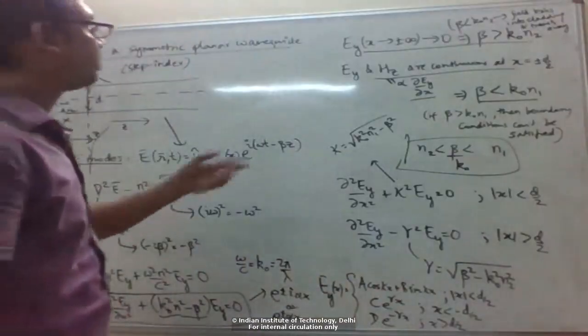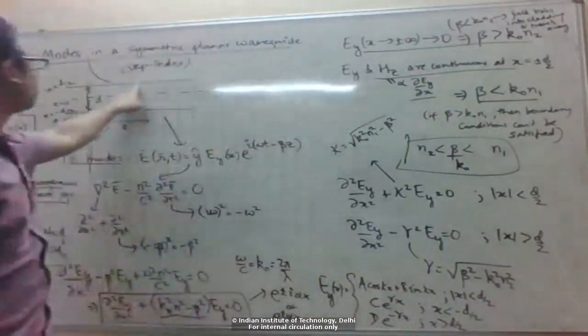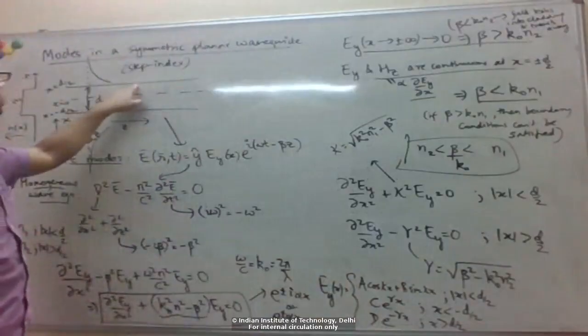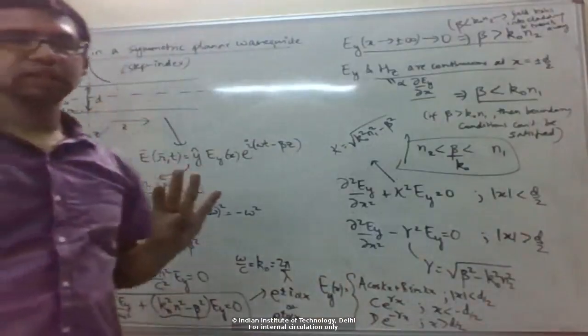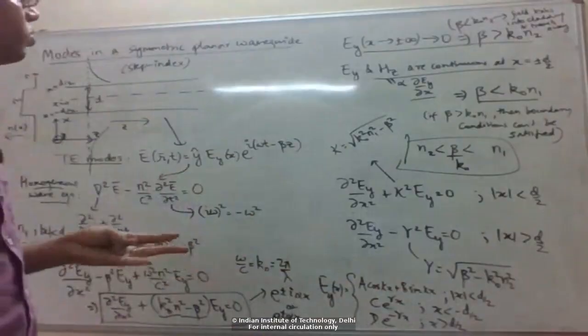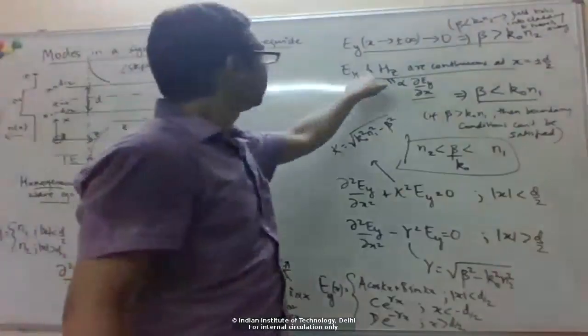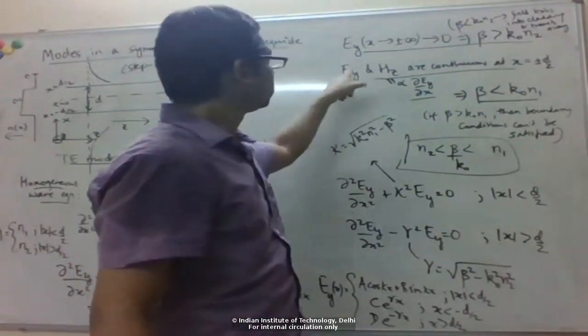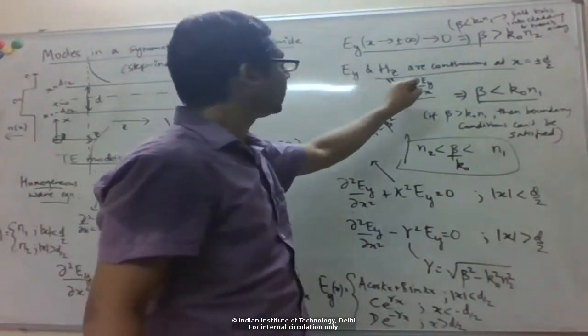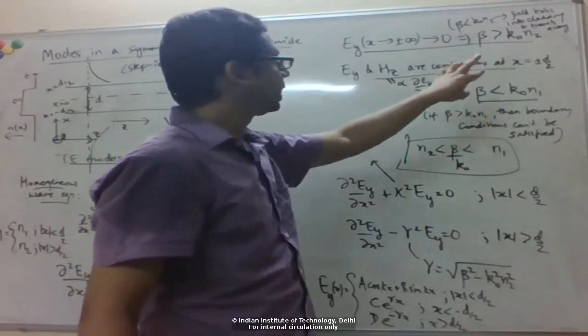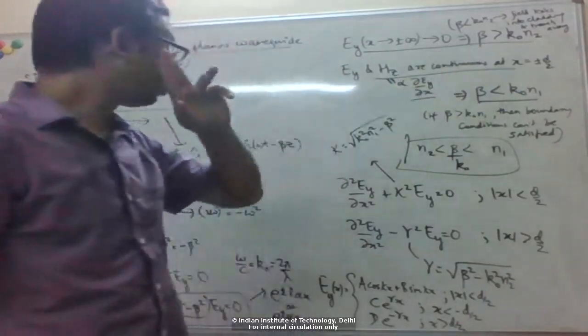And so how many boundary conditions do we have? We have 2 boundary conditions for each boundary, so that's 4 boundary conditions in total. So we get 4 equations from these: Ey and del Ey by del x continuous at x equal to d by 2 and minus d by 2.